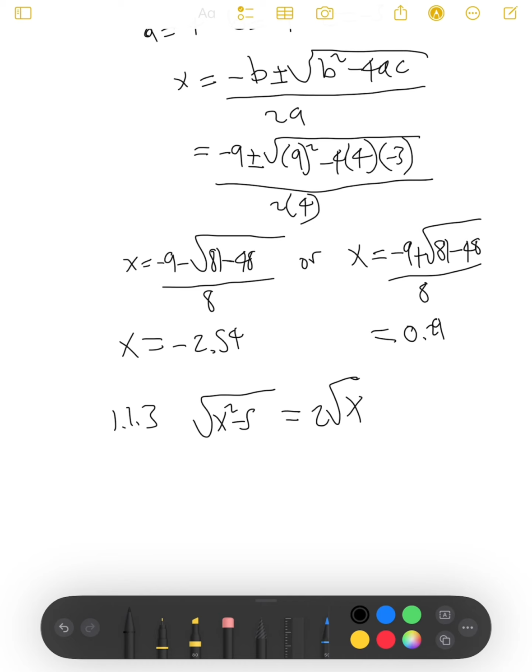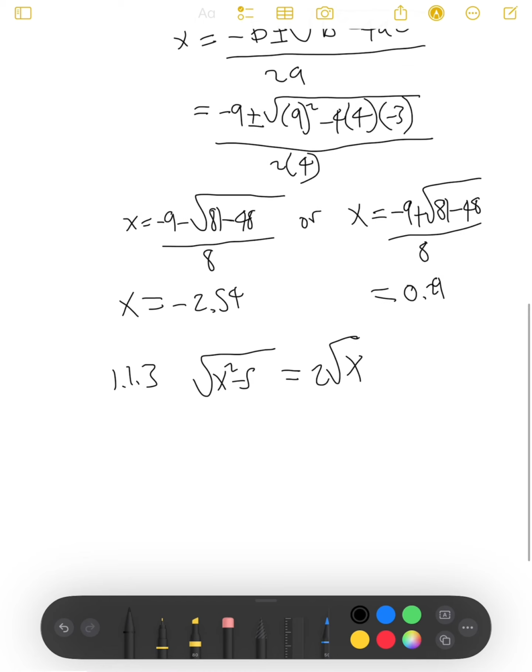In this kind of question, guys, a square root is basically a power of 1 over 2.